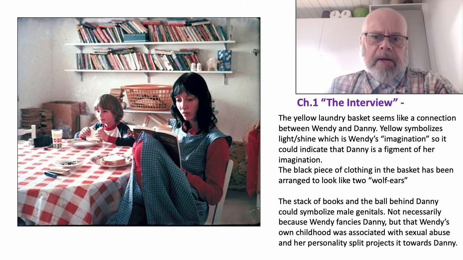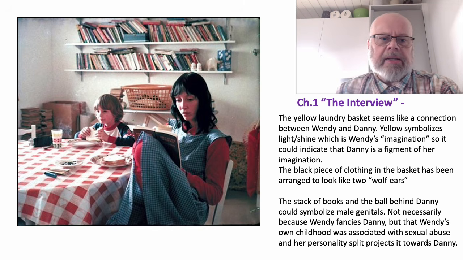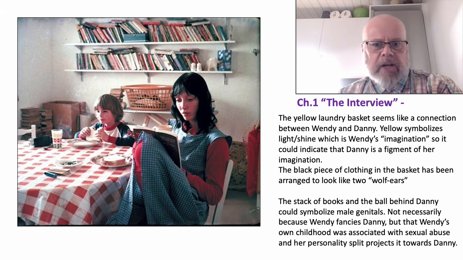The yellow laundry basket seems like a connection between Wendy and Danny. The yellow symbolizes light or shine, which is Wendy's imagination, all that, right? So it could indicate that Danny is a figment of her imagination. The black piece of clothing in the basket has been arranged to look like wolf ears. I have said that before, right?